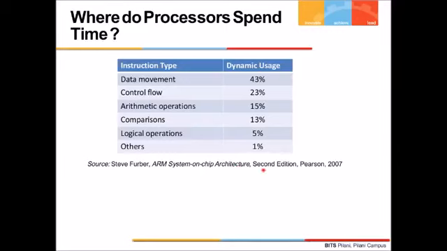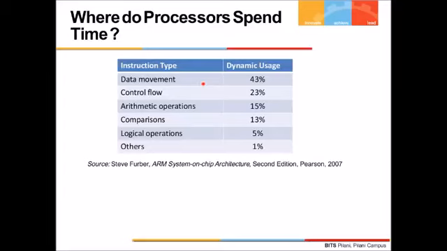Okay, and you can see that data movement instructions constitute 43% of the processor time. Data movement means basically the instructions which are related to reading and writing the memory. These are data movement instructions, or you can say load and store instructions.